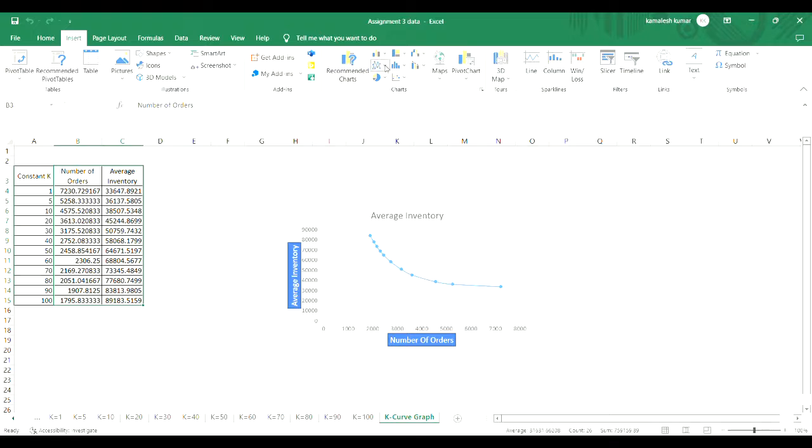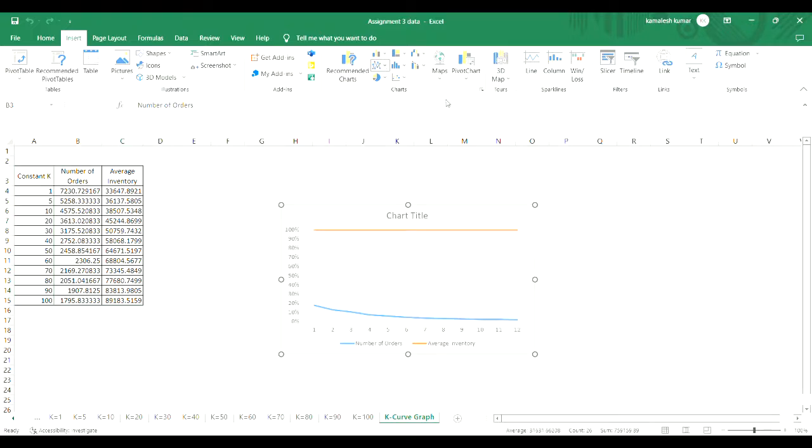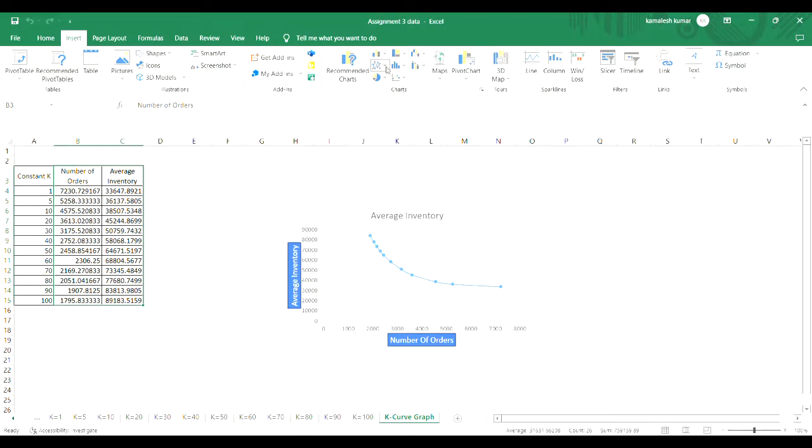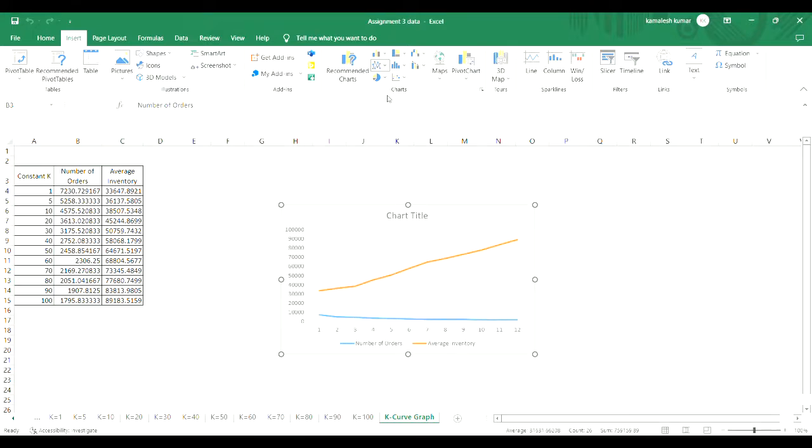Click on that, and then please select the scatter point. Please be careful that you should not select the lines one.